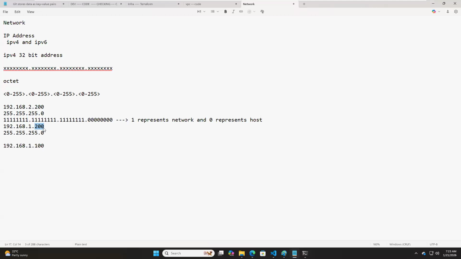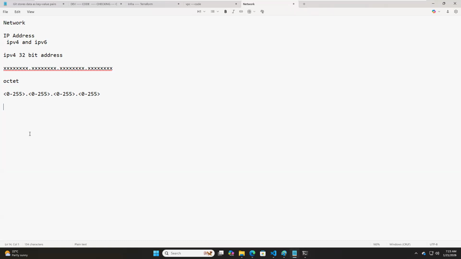If 2 students have the same number identity but are in different networks, different classes, it won't affect anything. But if I provide it like this in the same network, then there is going to be a conflict. If the 2 IPs are the same in the same network, then you are going to get an IP address conflict.